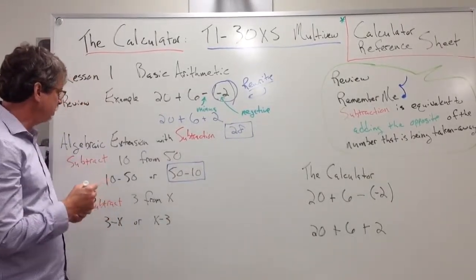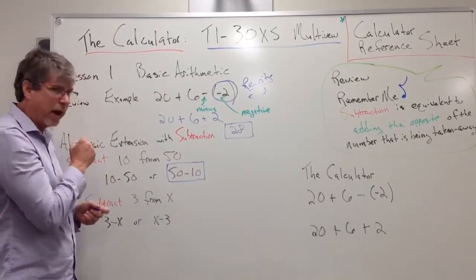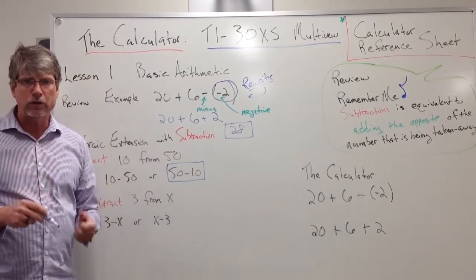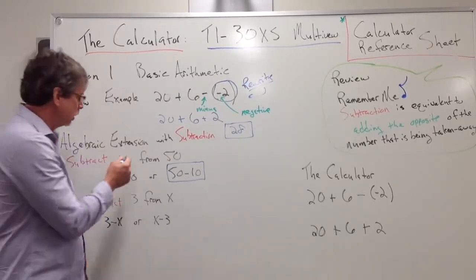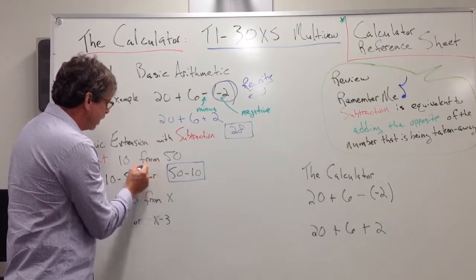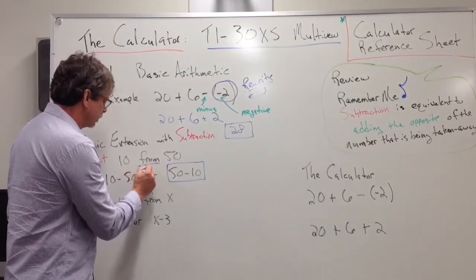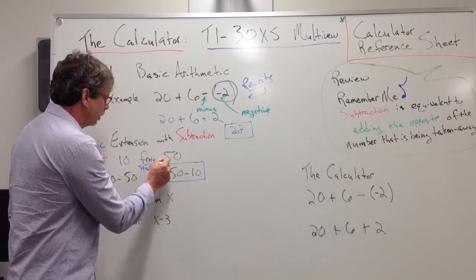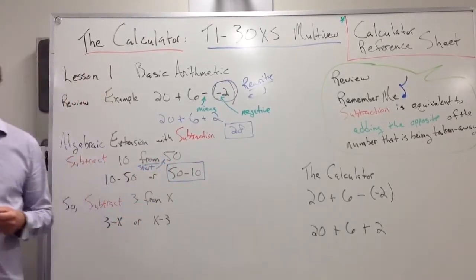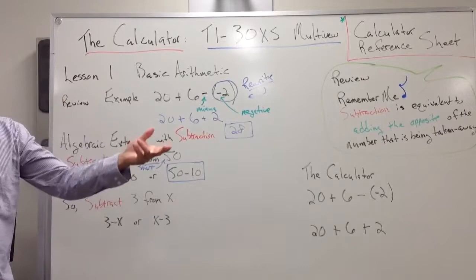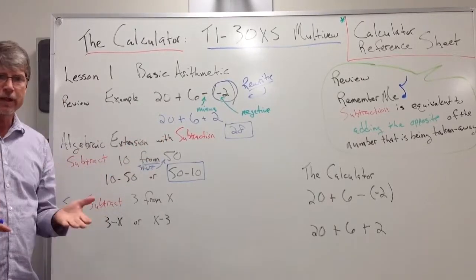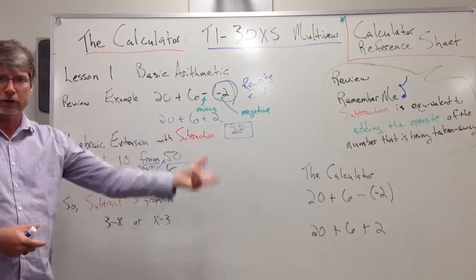What confuses people is, in math you just think left to right, but you also have to use your reading comprehension. 10 from 50, the word from means that's where you're starting. I want to start with the 50. So from 50 means start with the 50. So actually, the 50 has to go first, and then I'm taking away 10 from that.